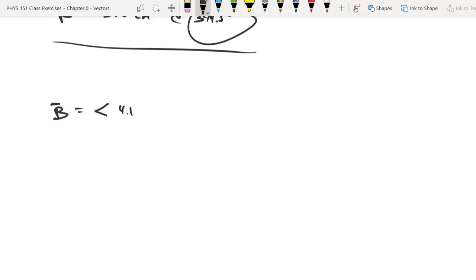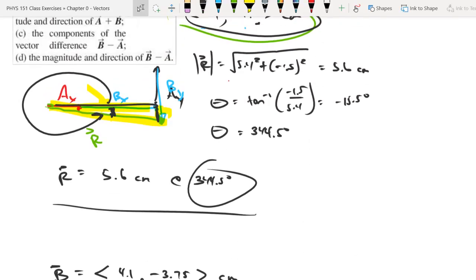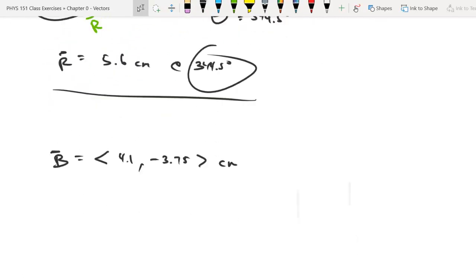I'm going to start with b on top because I'm doing b minus a. I'm just lining up for simple arithmetic here. Make sure I put my units here. Okay, I did for the magnitude, just making sure.